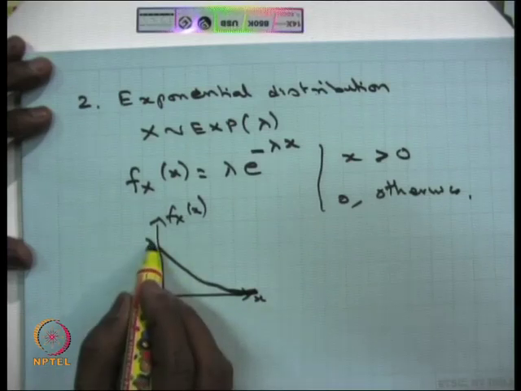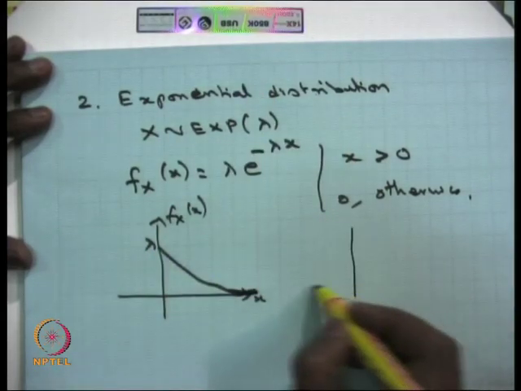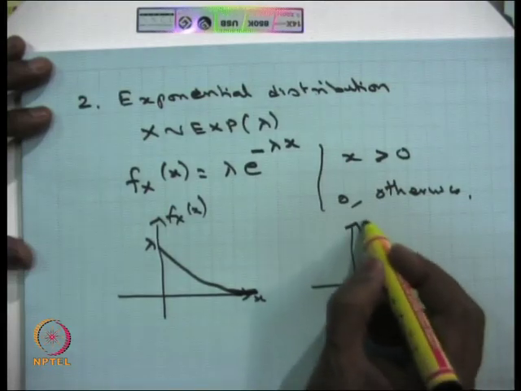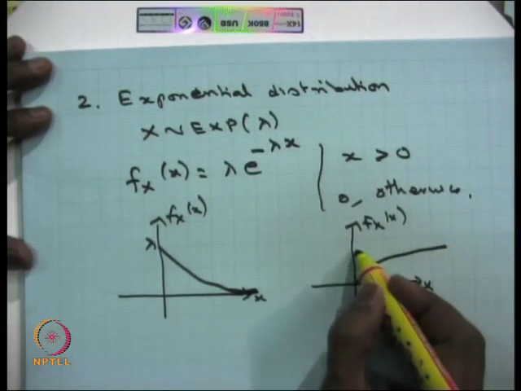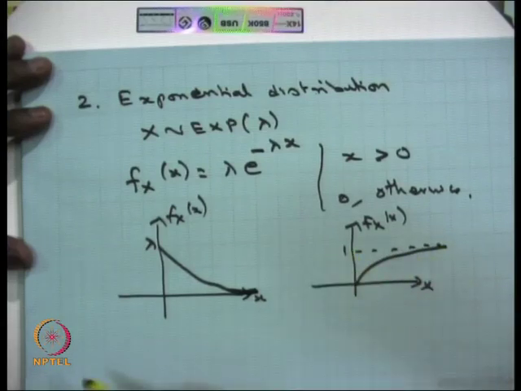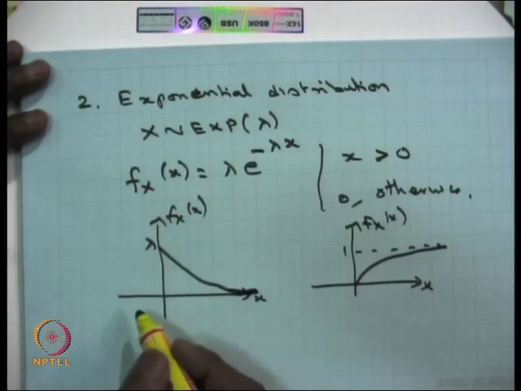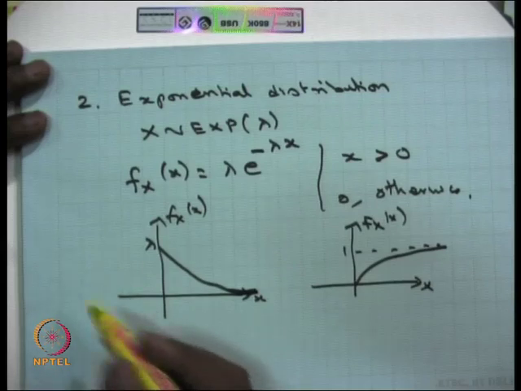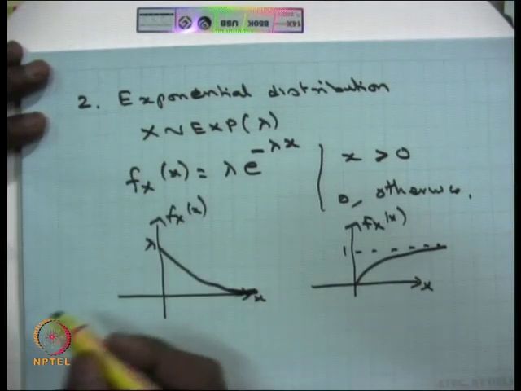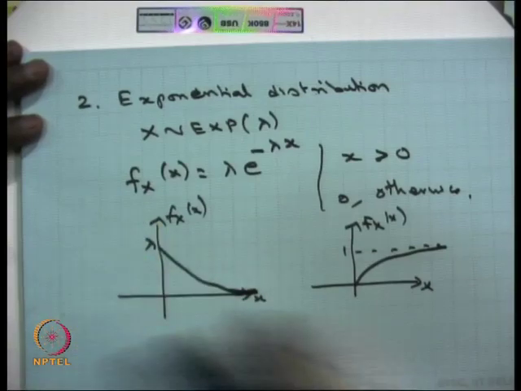So this is the probability density function of the exponential distribution, and the CDF of this reaches 1 at infinity. This exponential distribution is going to be used in many of our problems later. Therefore, all the properties of the exponential distribution I will discuss when we discuss stochastic processes in detail.